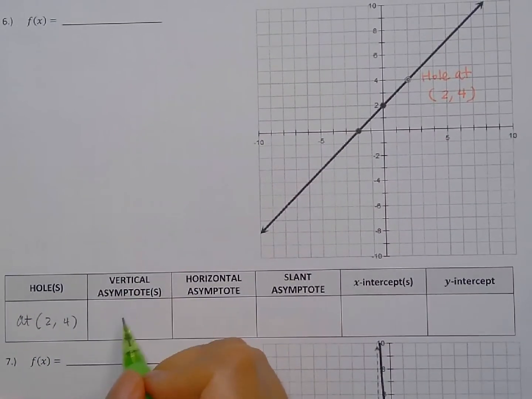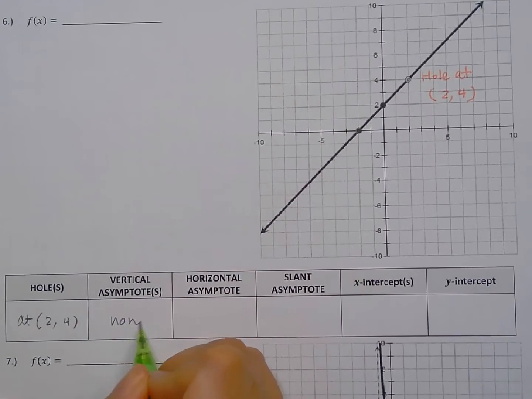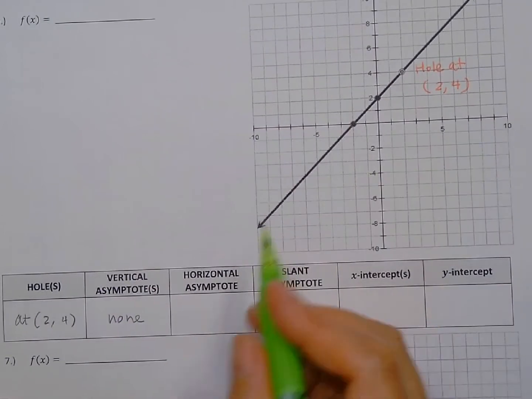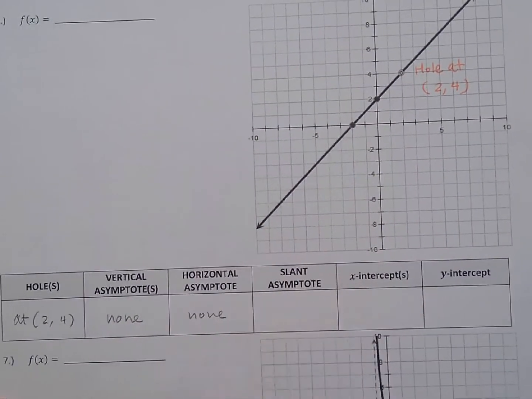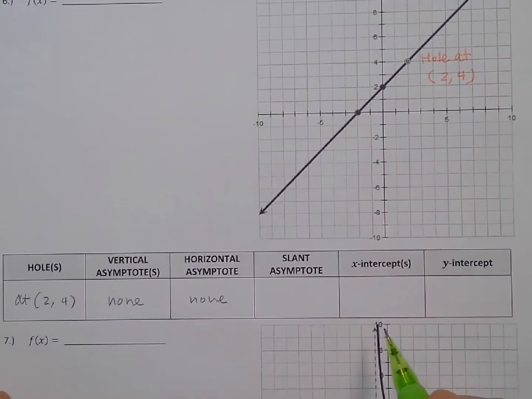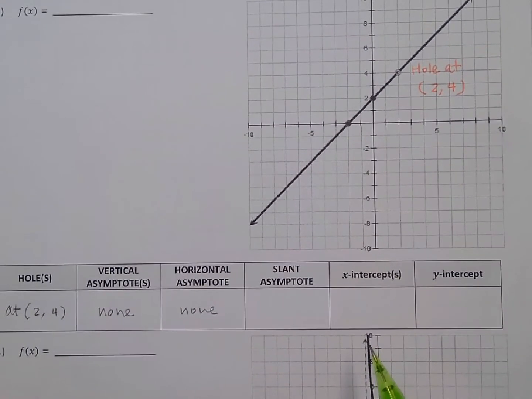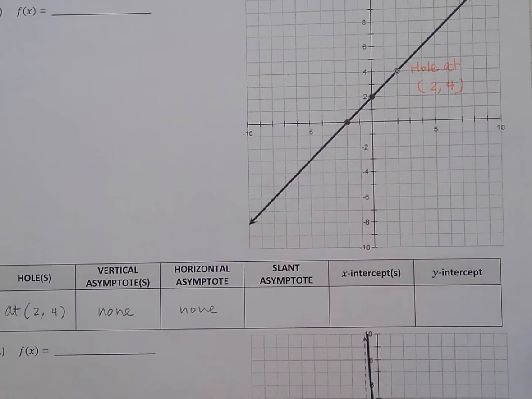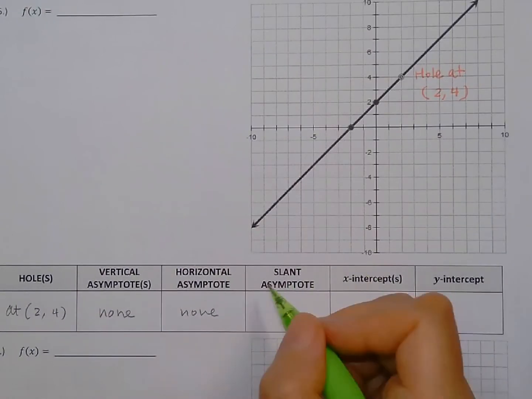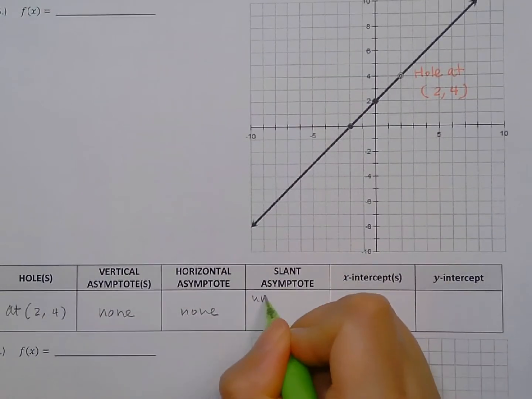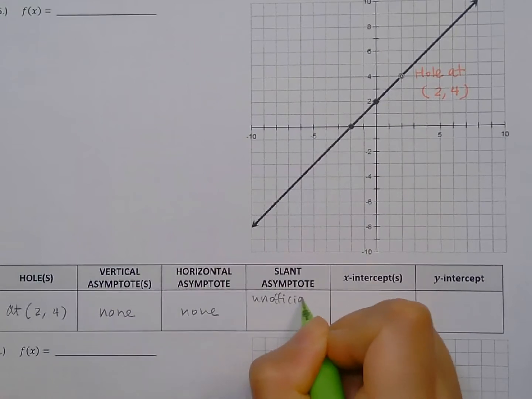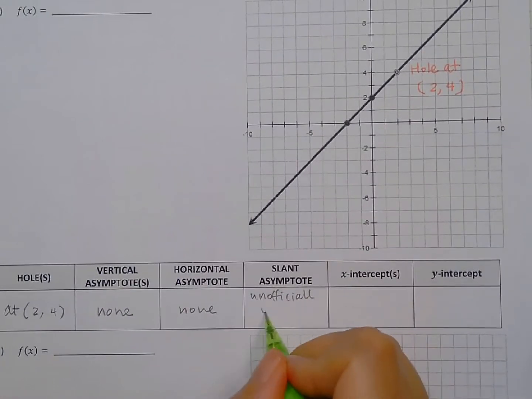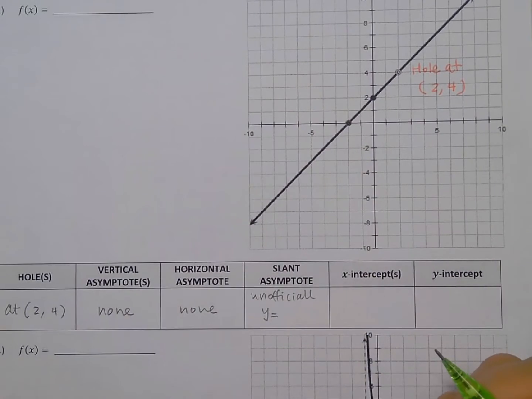Do I have a vertical asymptote? No. Horizontal asymptote? No. Slant asymptote, technically not really an asymptote, but we already saw this earlier. Then it was unofficially there with y equals mx plus b form.